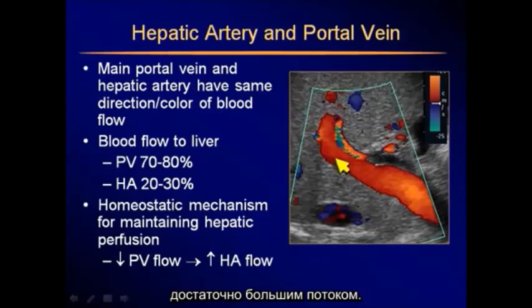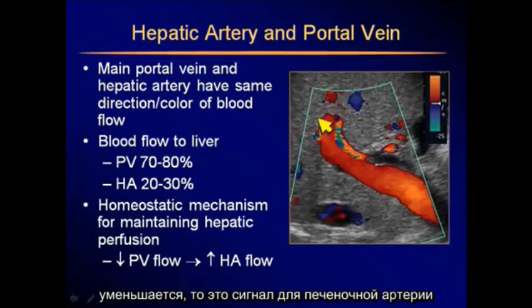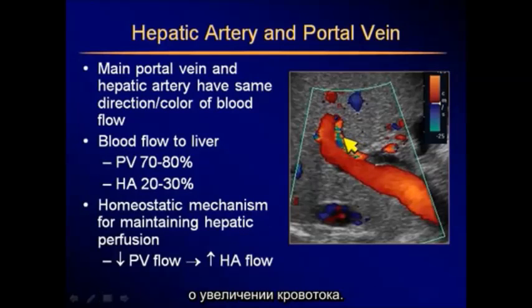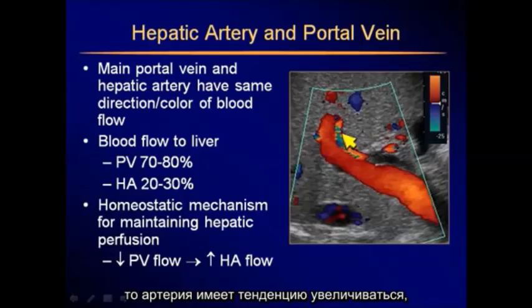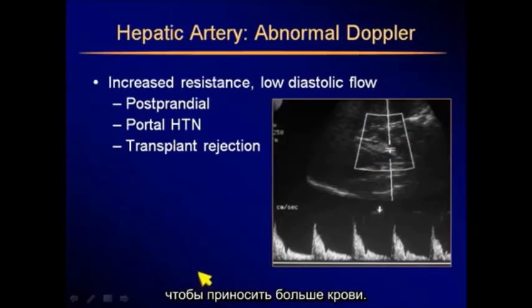However, it's carrying a lot of flow. And there is a certain homeostatic mechanism between the portal vein and the artery. So if the portal vein flow decreases, there's a signal given to the artery to increase blood flow. So as a liver becomes sicker and develops more cirrhosis and blood flow cannot come in through the portal system, the arteries tend to enlarge to bring in more flow.